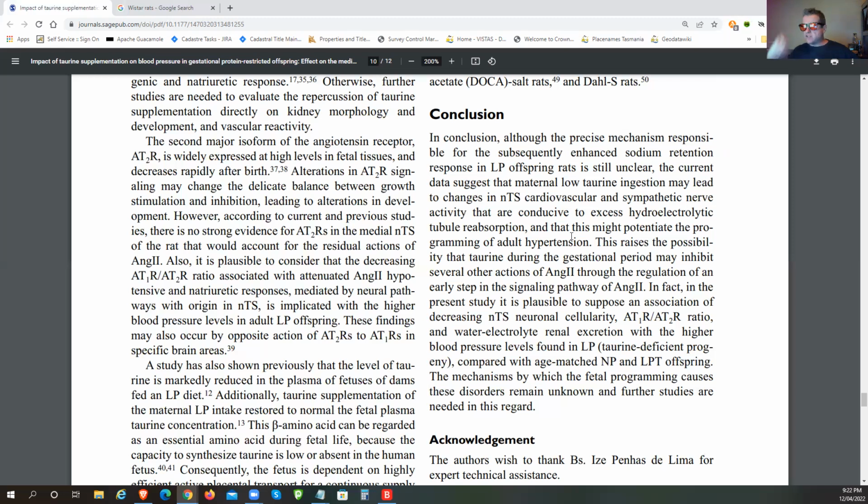Then you've got the other side of things, that taurine is basically having a direct effect on protein synthesis. Two ways. One, it actually is an amino transporter.